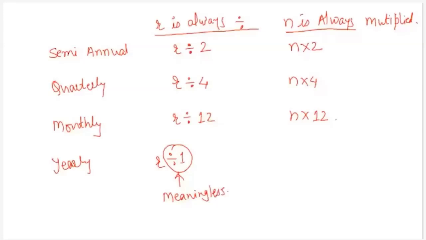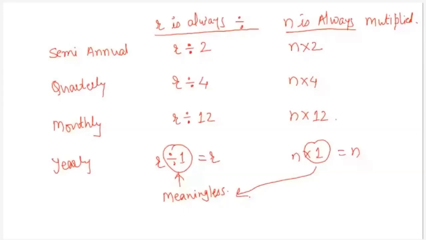It remains the same. 10 divided by 1, 10. 12 divided by 1, 12. And here n has to be multiplied by 1, but multiplied by 1 is meaningless. So R divided by 1 becomes R and n multiplied by 1 is n.